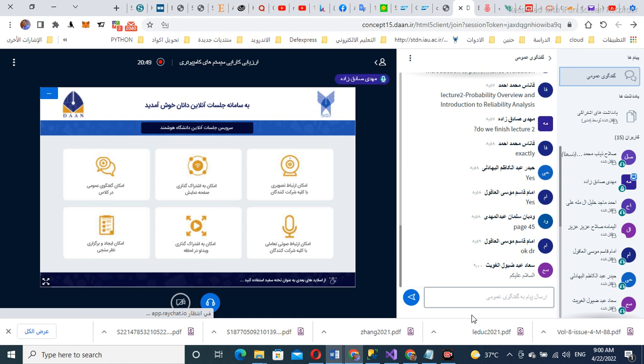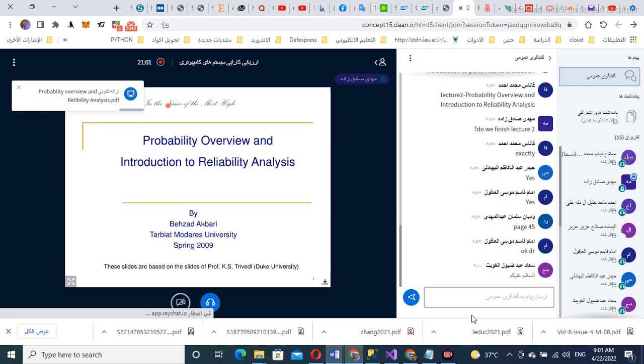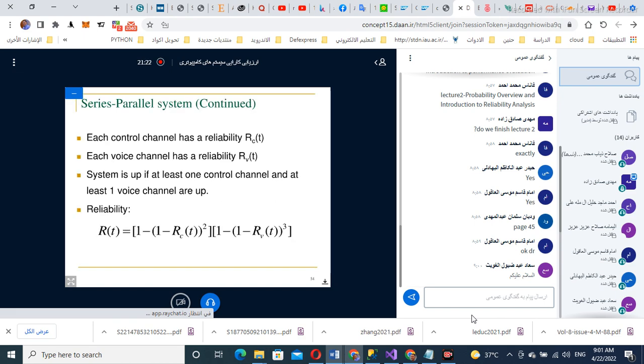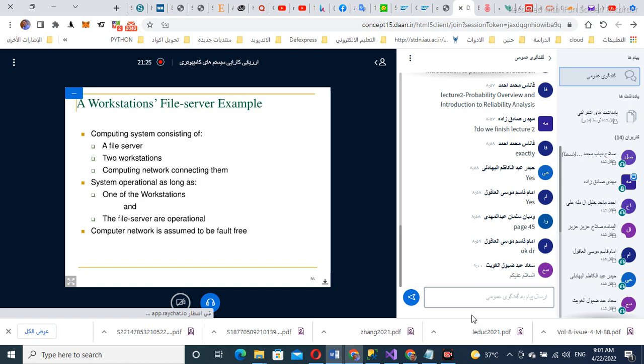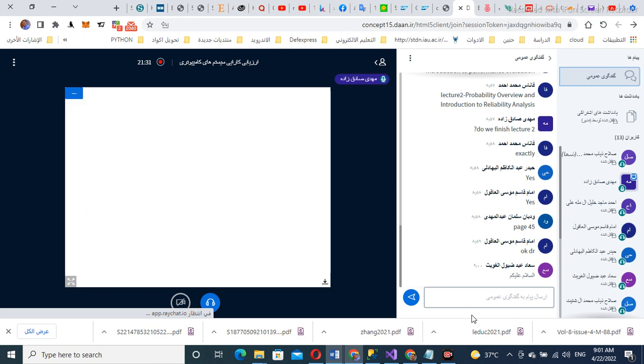That is uploading now. Okay. So, PC file server, recovery block diagram.